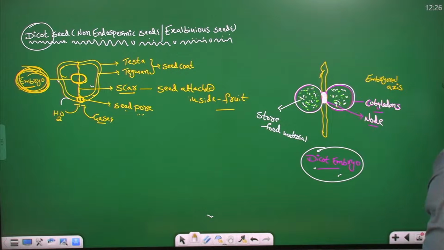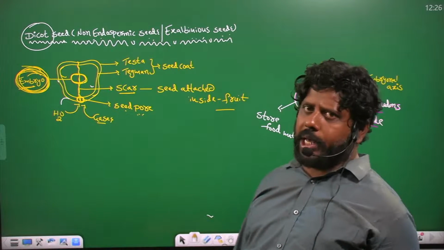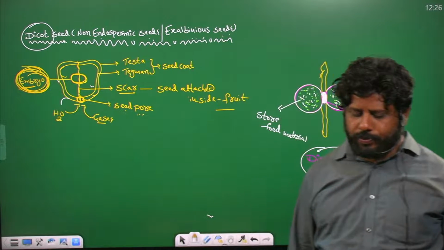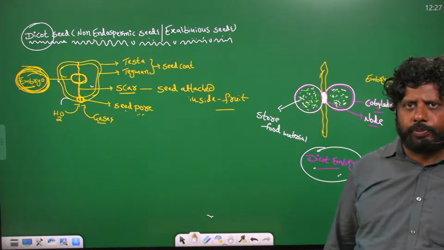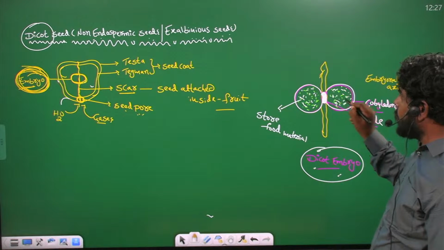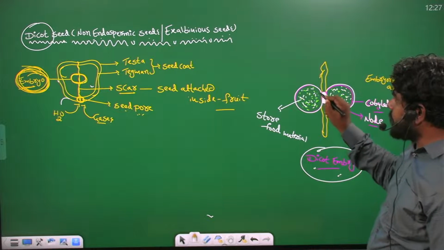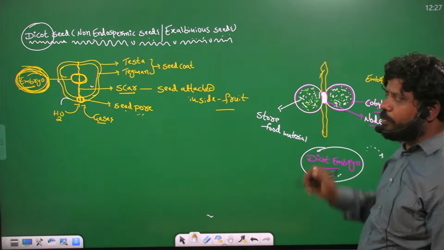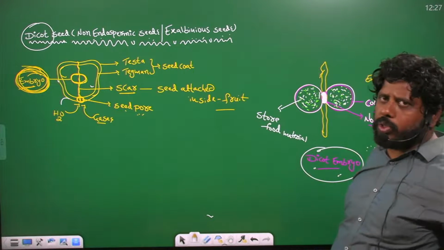Two cotyledons are present, that's why these seeds are named dicot seeds. Clear? What is the function of the cotyledon? The two cotyledons play an important role to store the food material.